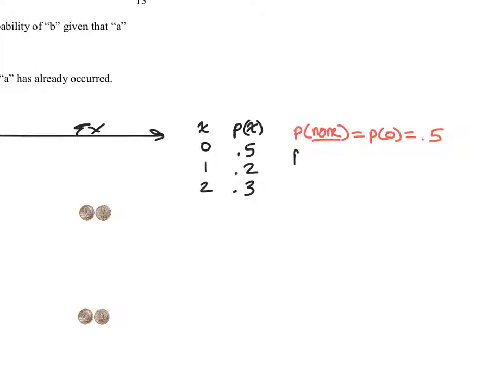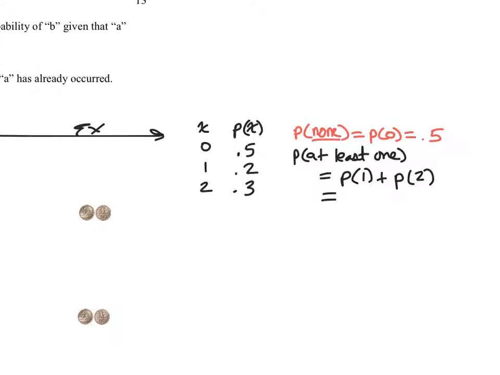The probability of at least 1 could be thought of as the probability of getting 1 success, plus the probability of getting 2 successes. Now you can see the drawback to this approach would be that if I had 3 successes, 4 successes, 5, 10, 20, 100 successes, at least 1 could be a nightmare.